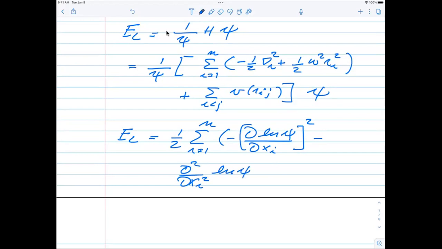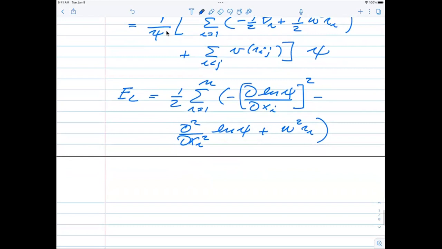And then I have my term which deals with the harmonic oscillator part. That's going to be given by omega squared times r_i squared, like this. Sorry, this should be another type of parenthesis here. So times this one. And finally, since I have an interaction piece which depends only on the relative distance, it has no operator which changes the type of wave function.